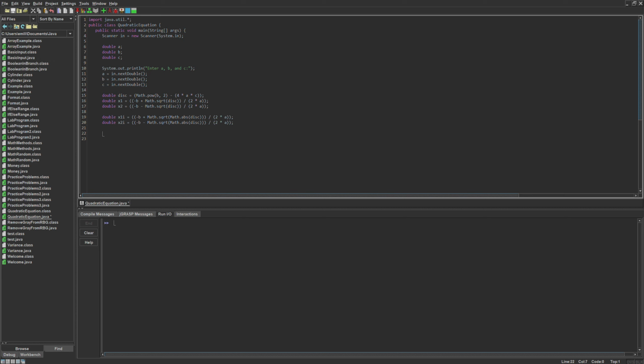Now that we have our values for a, b, c, and x1, x2, and their imaginary numbers, we can start writing what the answers are. In order to do this, we're going to need an if and else statement. So if the discriminant is greater than 0, System.out.printf, and we're going to format our answer.